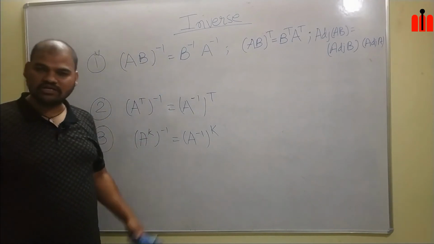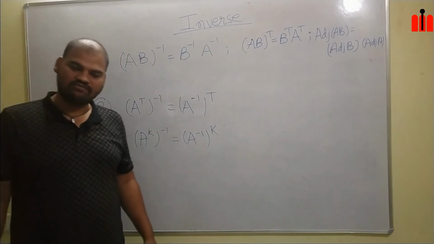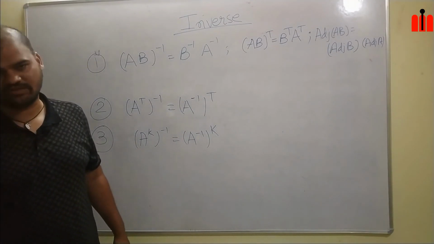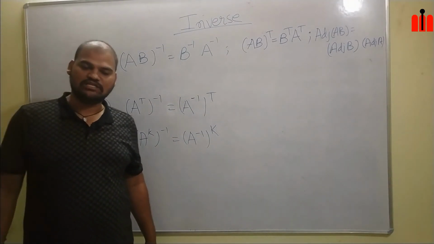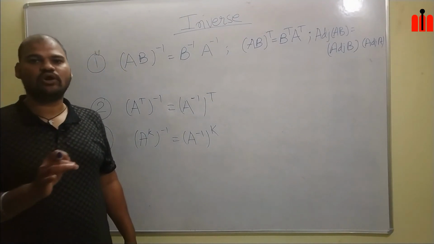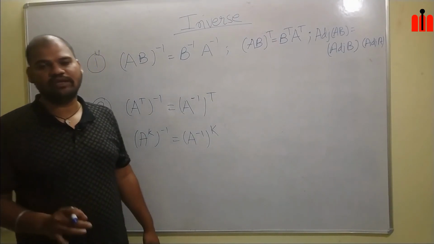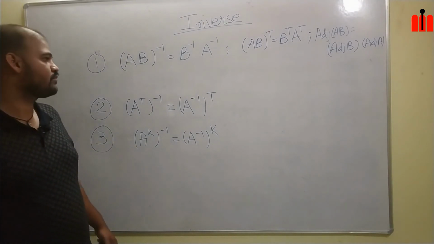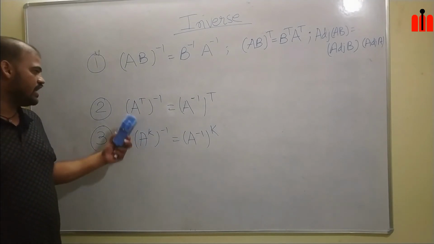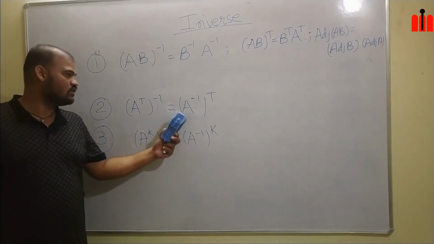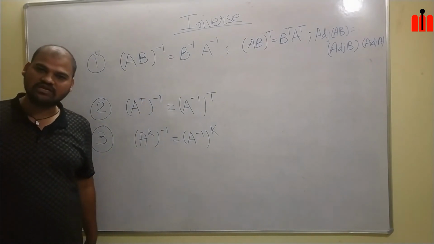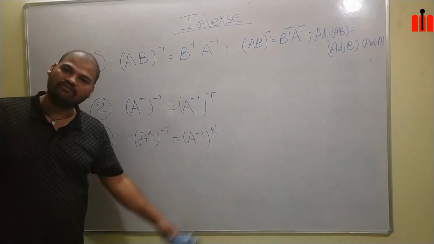So AB inverse is equal to B inverse into A inverse. Same thing can be mapped to the transpose and adjoint as well. AB transpose is equal to B transpose into A transpose. Adjoint AB is equal to adjoint B into adjoint A. Now next property is, A transpose inverse is equal to A inverse transpose.